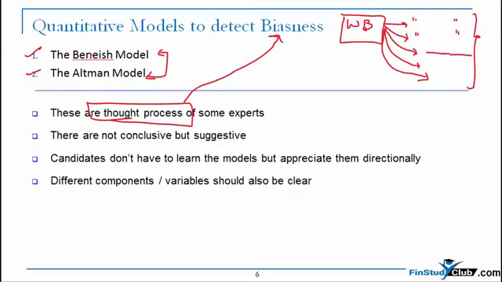Please try and understand these two models are not the only models in the world, number one. Number two, they are absolutely suggestive. They need to be understood directionally. You don't have to mug up these models, you have to really appreciate and get a sense of what they're trying to say. Different components and variables in this should also be clearly understood. So my forthcoming couple of slides are based on the thought process of different individuals.